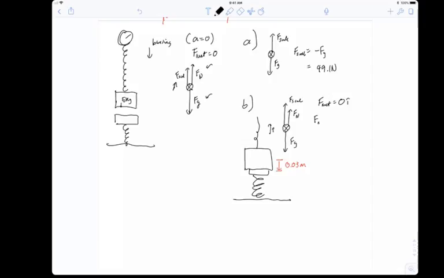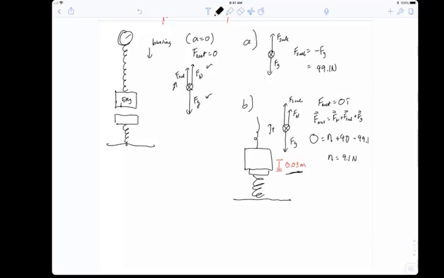F net is equal to Fn plus F scale plus Fg, all vectors. 0 is equal to the normal force, N, plus the scale force, which is 40, plus gravity, minus 49.1. So N has to equal 9.1 newtons.